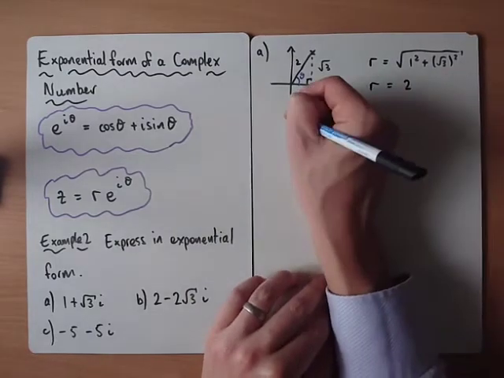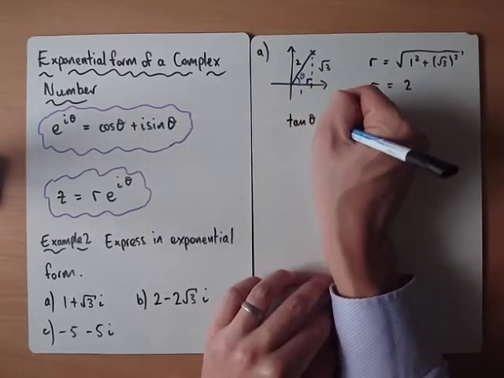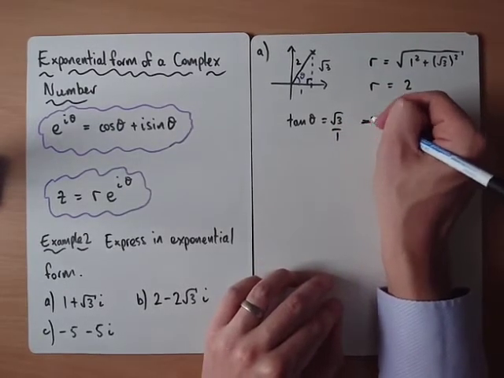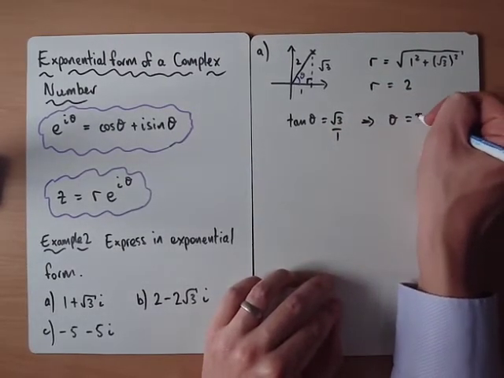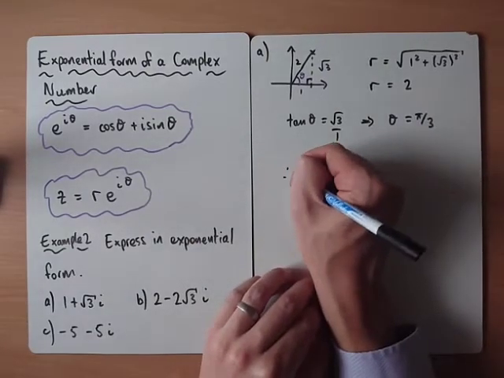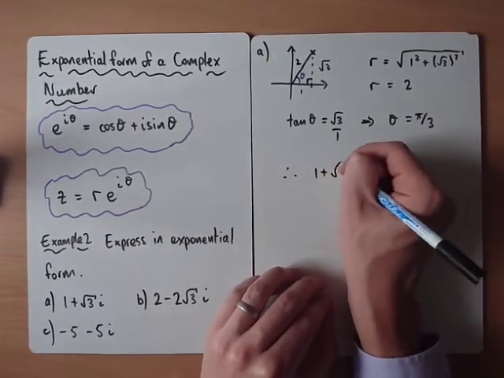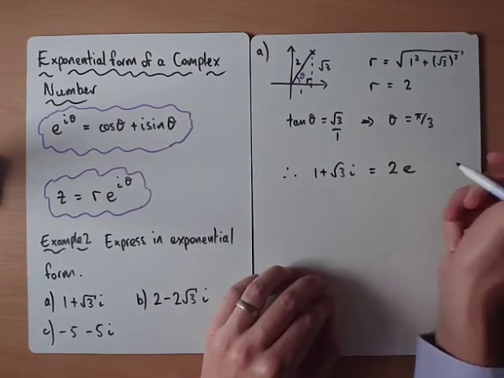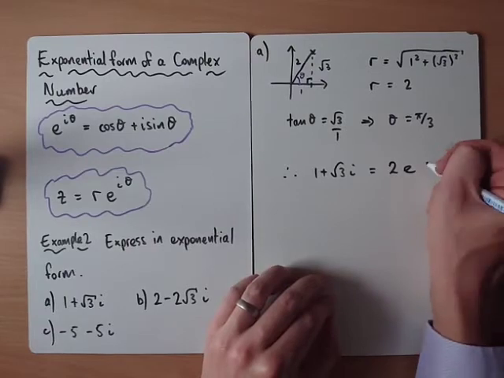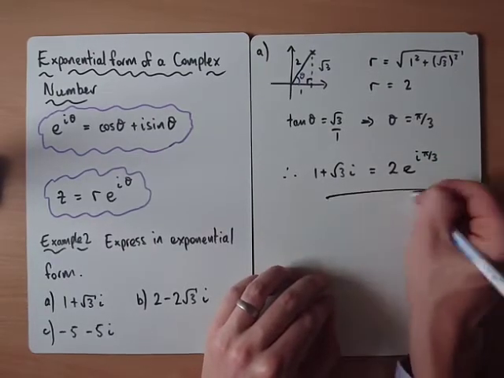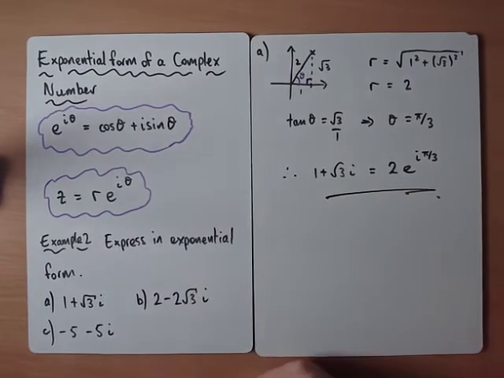If you're not sure, you can just say tan theta equals root 3 over 1. Solve, you'll end up with theta equals pi over 3. So therefore 1 plus root 3i would be the same as 2e to the i pi over 3 in exponential form.